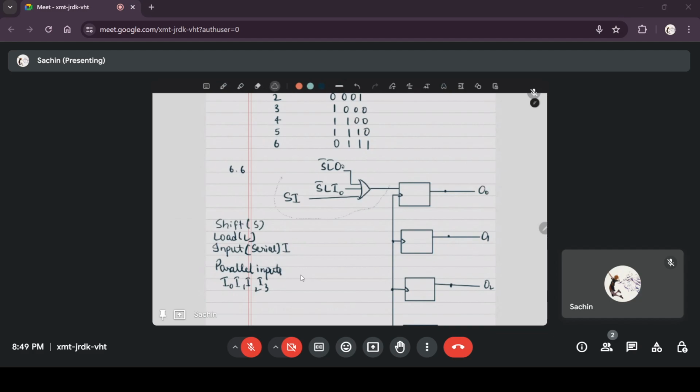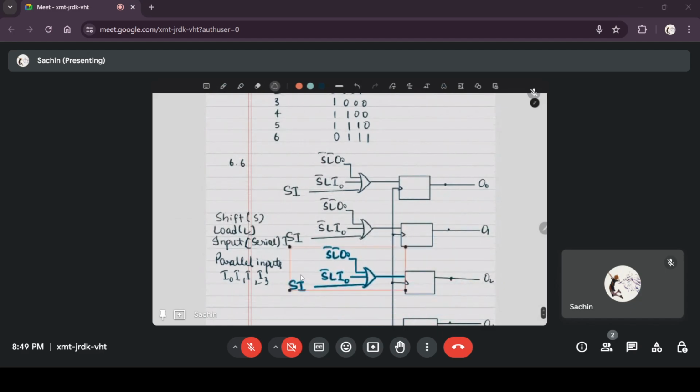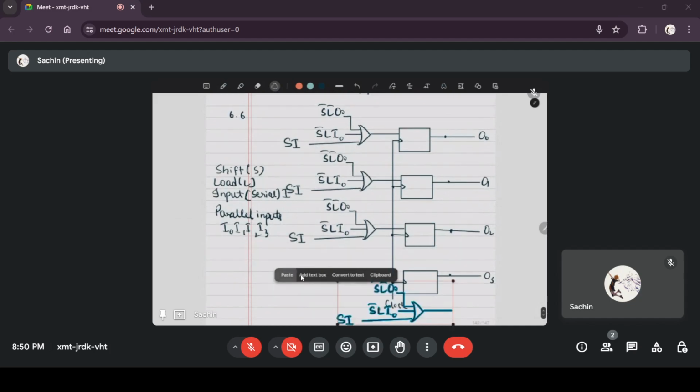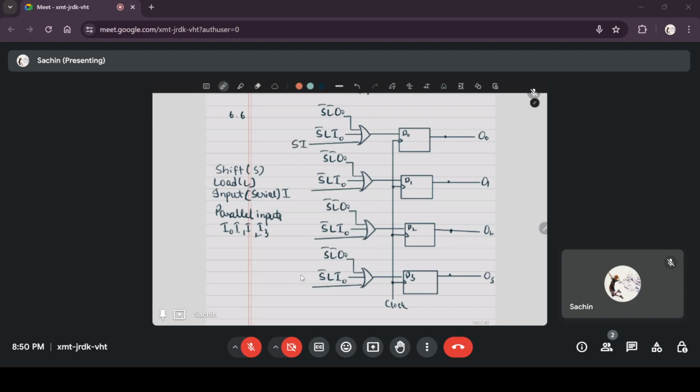Same thing will be done with each of the flip flops, except that when shift is 1, you're shifting serial input to the first register, and then you're shifting O0 to O1, so it should be S O0.